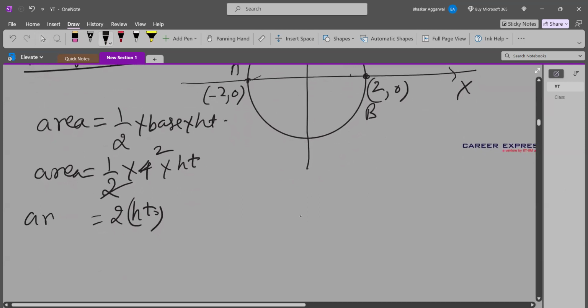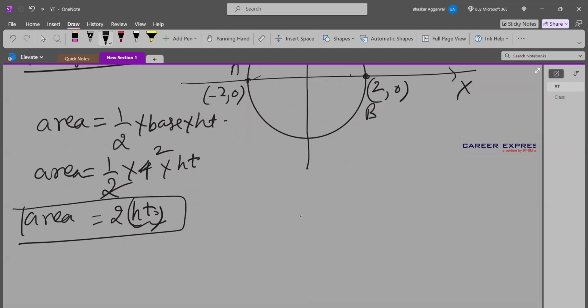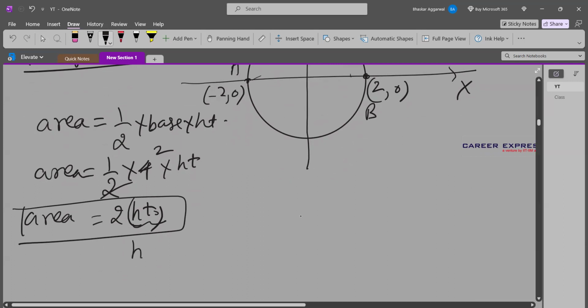And the condition is the area should be an integer. Now area will be an integer if height is an integer, or it is a fraction with 2 in denominator only, right? So height can be anything which is 1 or 2, right?